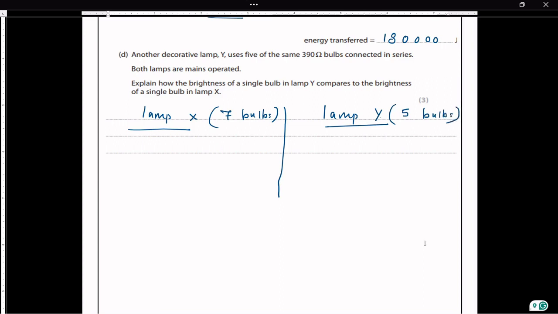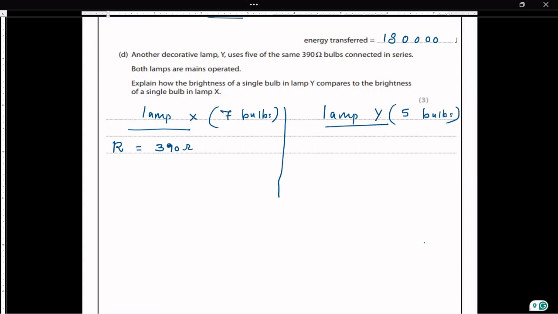This is what is given. So let us see the resistance. Resistance of each bulb is 390 ohms. This is what is given.